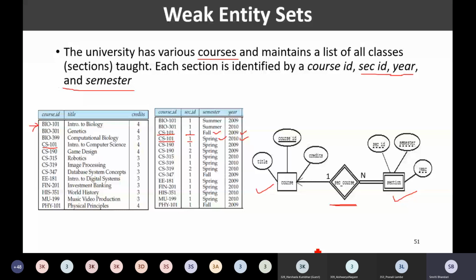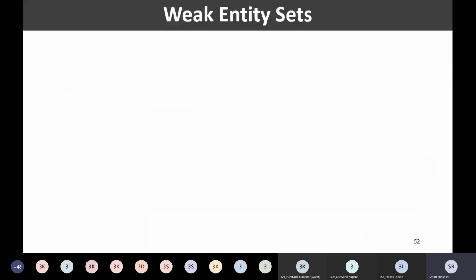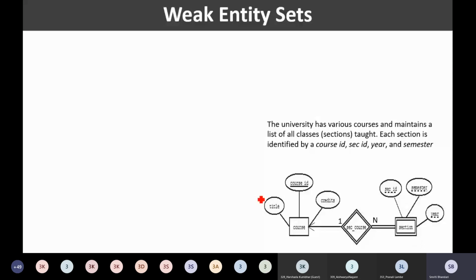So this is how we can model this given requirement using ER diagram. Okay. Now let's once again go through few important key concepts and few definitions related to weak entity set. So this is what we have seen right now. Let us now list out few of the important definitions and key ideas under this weak entity set.